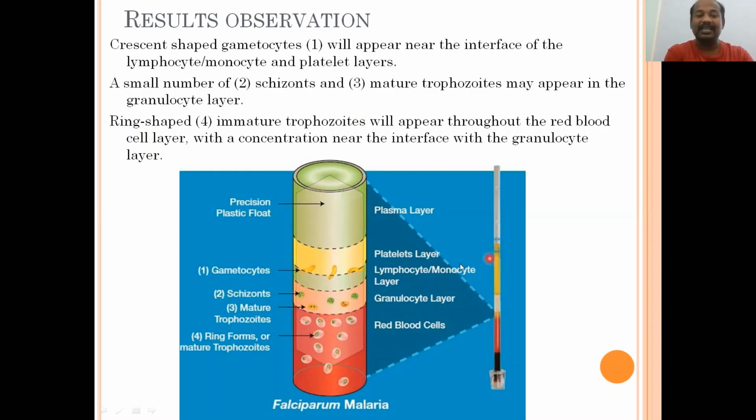This float enlarges the blood components, so we are able to see the malarial parasites through fluorescence microscopy with the help of the dye acridine orange. The acridine orange bound to nucleic acids gives yellowish green fluorescence, and the cytoplasm of the malarial parasites gives red fluorescence. Thank you.